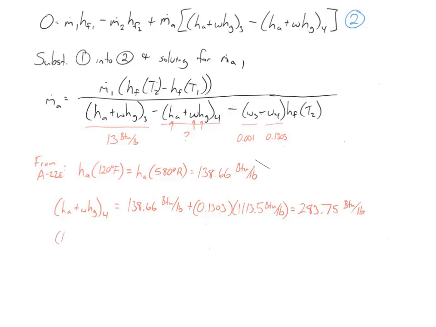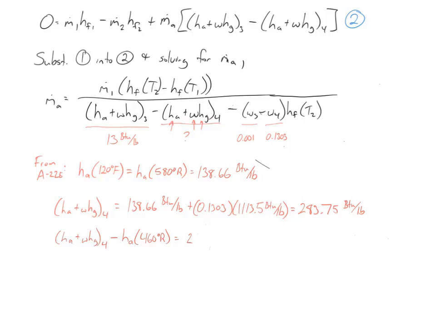I'm going to take our h_a plus omega h_g at state 4, and I'm going to subtract off the enthalpy of the air at 460 degrees Rankine.